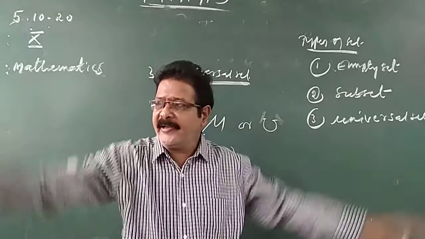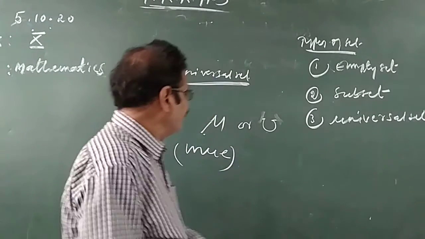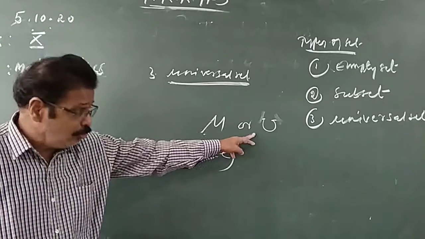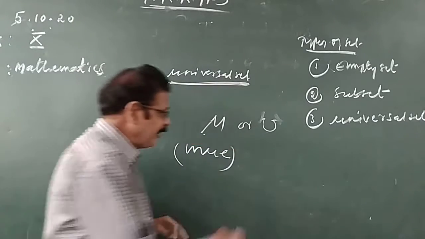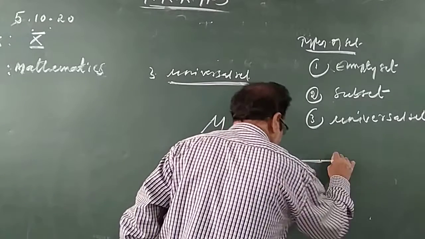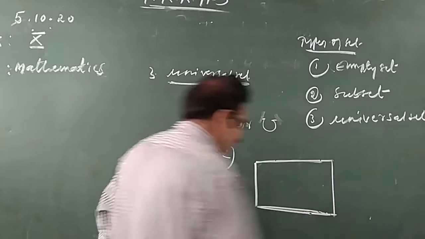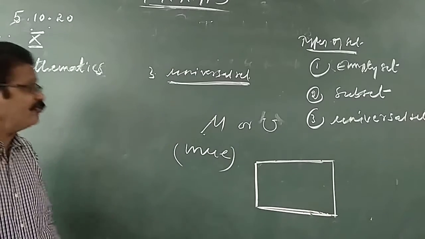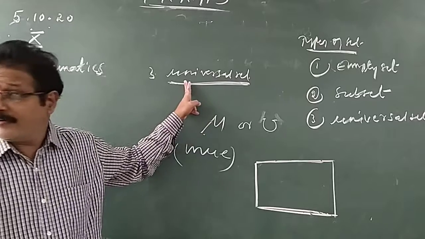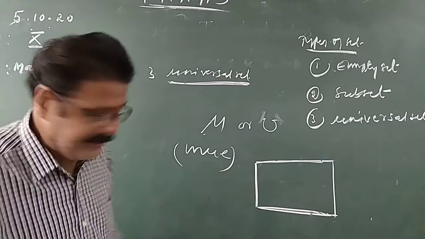So the whole part, India, is called the universal set. The universal set is represented by U or mu. To represent the universal set, we use the rectangle diagram especially.